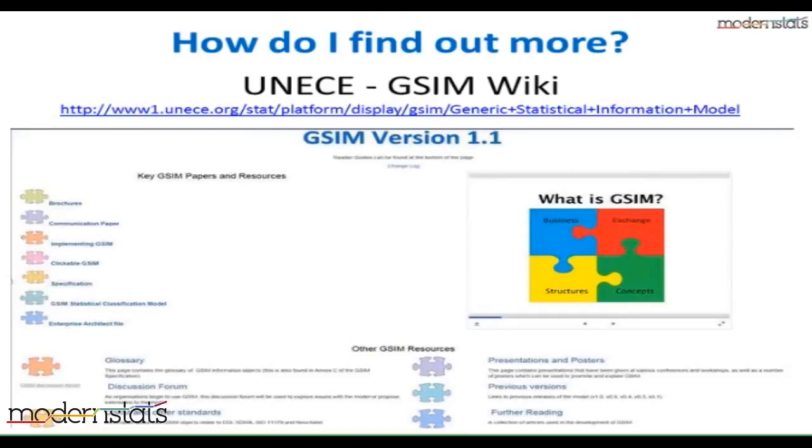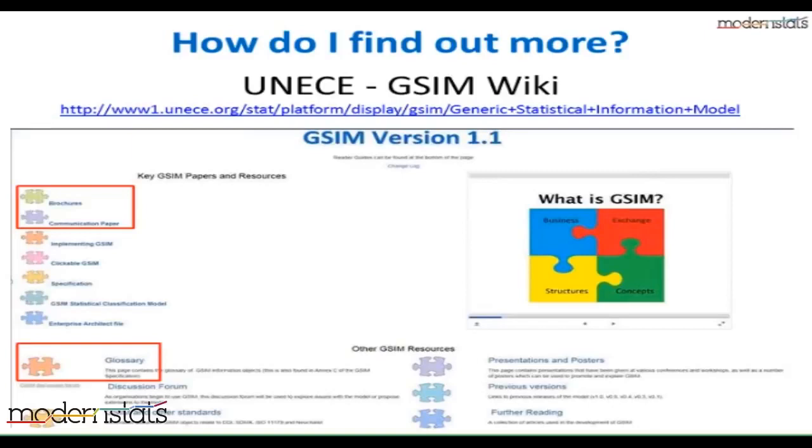So if this encourages you to have a look at some more information on the GSIM wiki, then you can look at the GSIM version 1.1. The URL is included there. And in particular, for anybody starting in GSIM, I would recommend looking at the brochure and the communication paper, and then looking at the glossary, where you'll find all the definitions of the information objects.